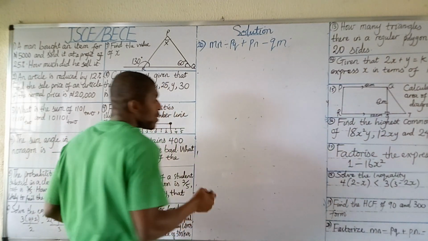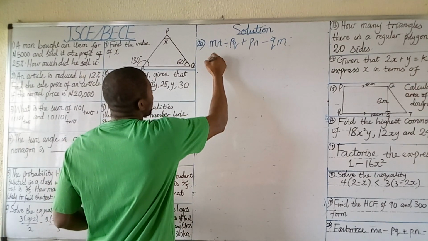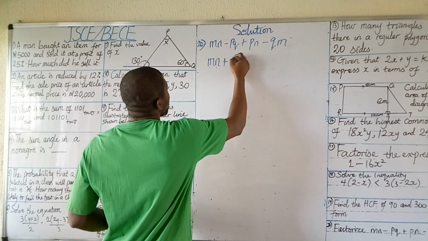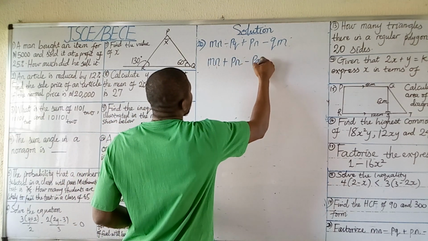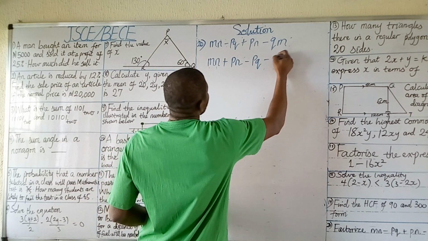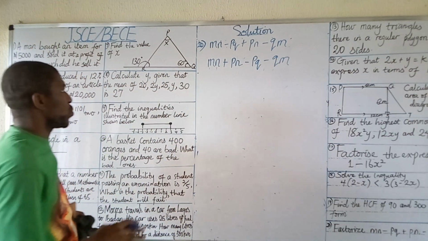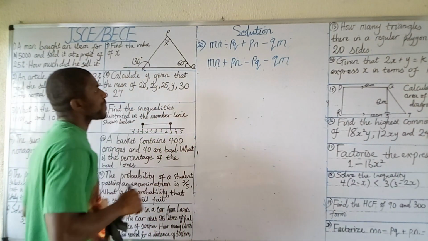That is obeying BODMAS rule. The one that has positive is mn. I write it first. Next one is plus pn. Then I have minus pq and minus qn. I've rearranged it obeying the rule by making sure that positive comes before negative.